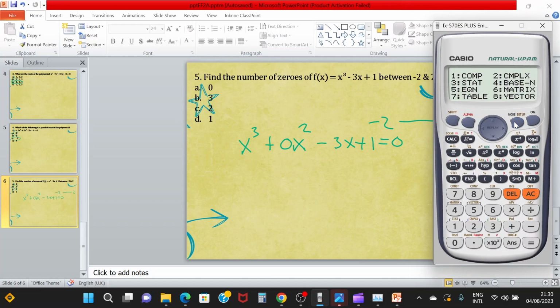So we have here mode 1, ulit ka muna. You have here alpha x cube, baba natin, minus 3 alpha x plus 1, calc 0, and then 0 is equal to.